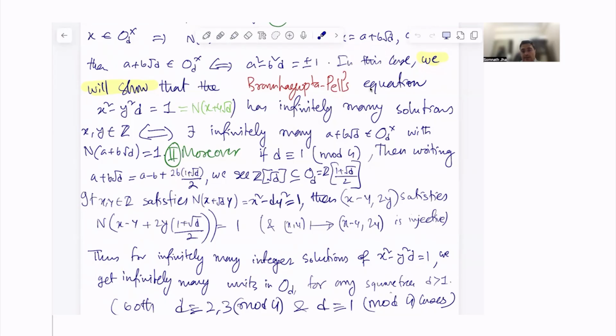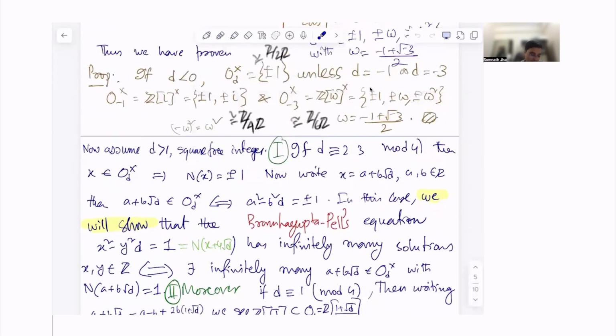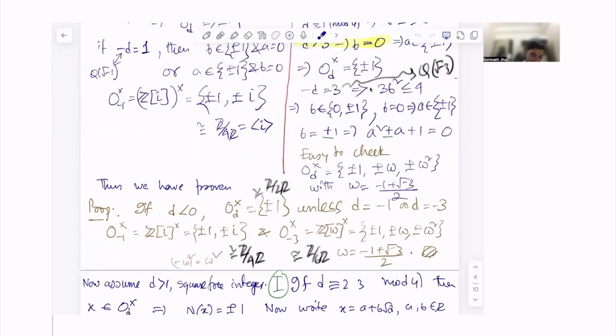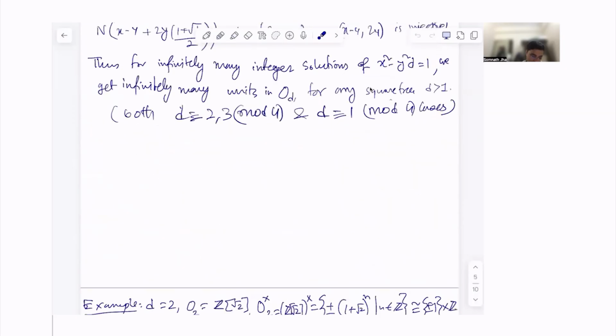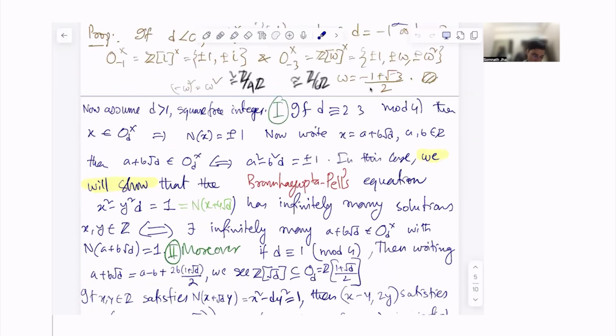Now coming to the real case, we showed that there are certain units, namely solutions x, y such that x square minus d y square equal to 1. So in the norm, for d equal to 2 or 3 mod 4, you can see that they give you units.